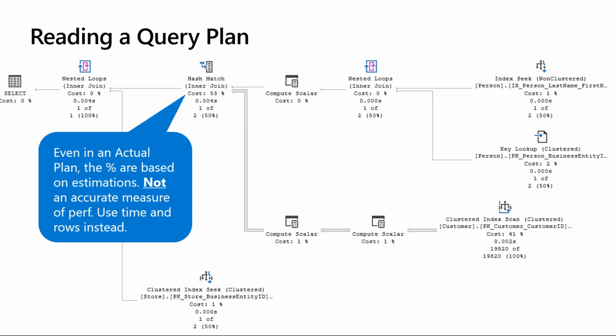And even in the actual execution plan, the percent cost that you see in each operator is still based on estimations. So do not use it as an accurate measurement of performance, because those still reflect the plan as it was created by the optimizer before being executed.